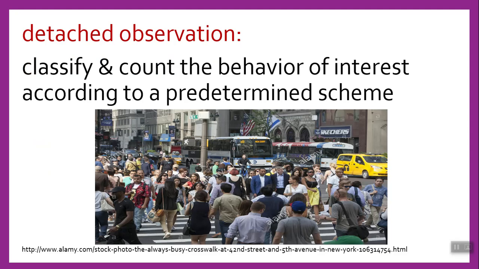No interference at all, or at least not trying to interfere at all. This is detached observation. And I'm going to give you an example of this. I'm going to use Las Vegas for this example for a few reasons, because it's a city and an atmosphere that I think everybody is familiar with.